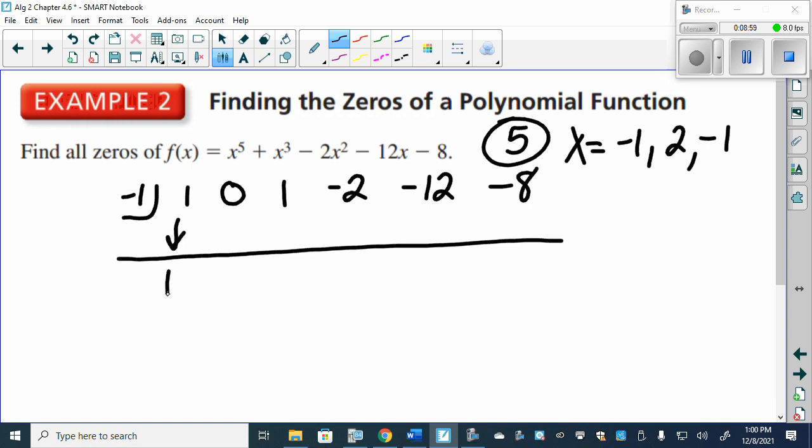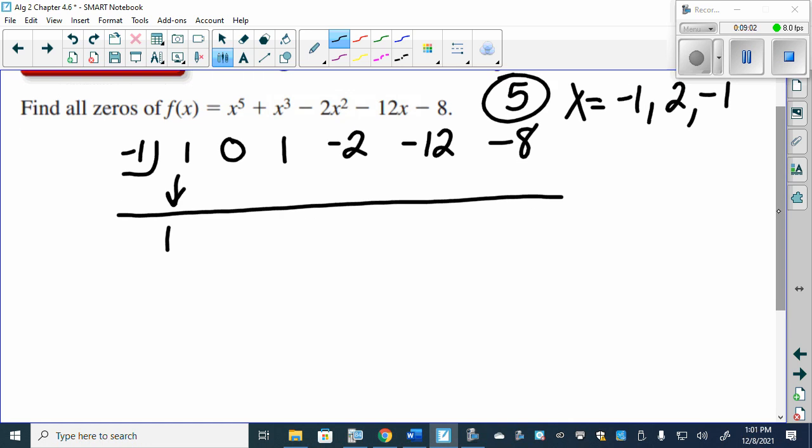And then we'd bring down the 1. And now we do our synthetic division. So -1 times 1 is -1. Add straight down. 0 plus -1 is -1. -1 times -1 is 1. 1 plus 1 is 2. -1 times 2 is -2. -2 plus -2 is -4. -1 times -4 is 4. -4 plus 4 is 0.